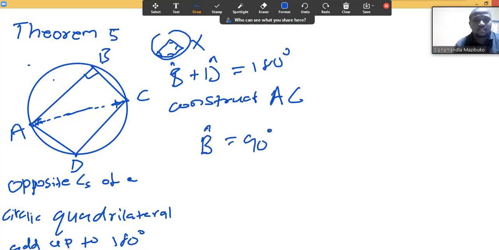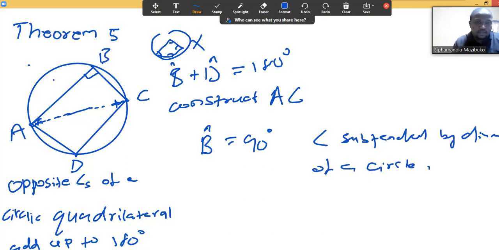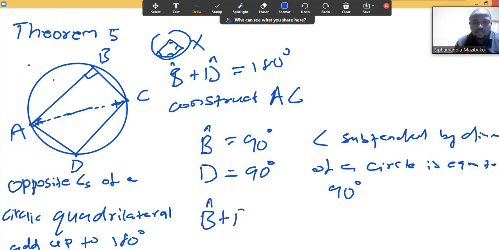It's an angle subtended by a diameter of a circle, which is equal to 90 degrees. And hence we know that D is also equal to 90 degrees for the same reasoning. Hence B plus D is equal to 90 plus 90, which is equal to 180 degrees.